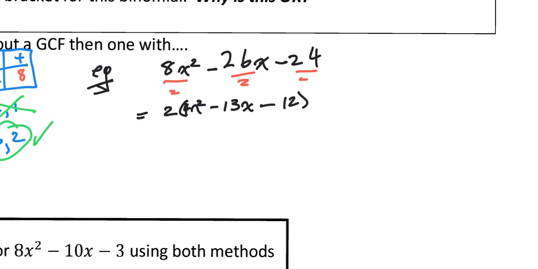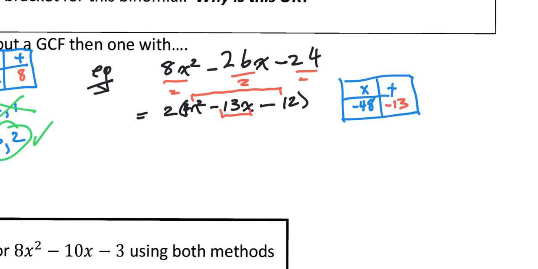Now we can go and apply that decomposition stuff that we were doing before. So we need a number that multiplies to negative 48, but then adds to the middle term here, negative 13. So now that I've got my little box here, I'm going to go through and come out with some number.